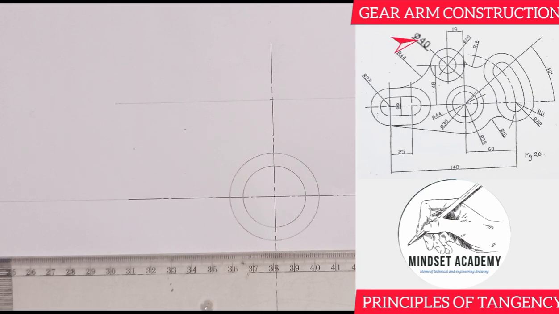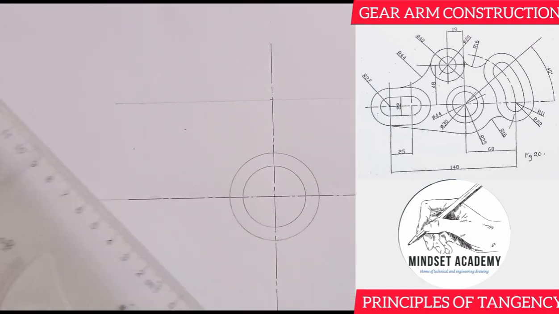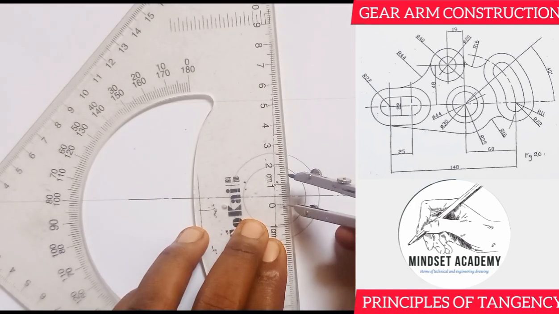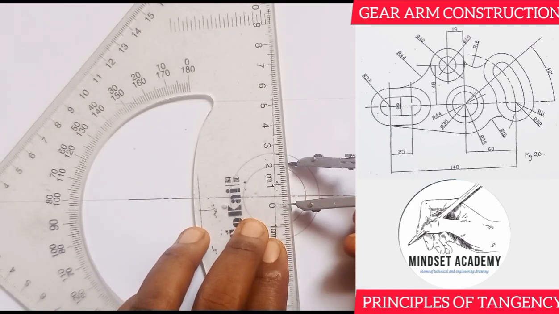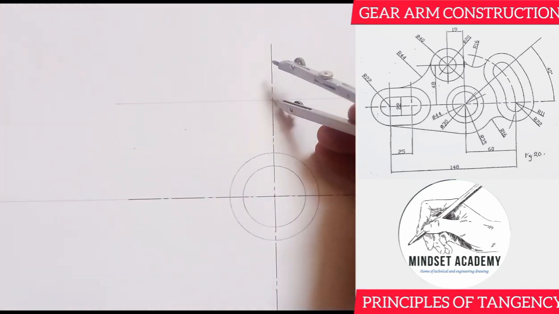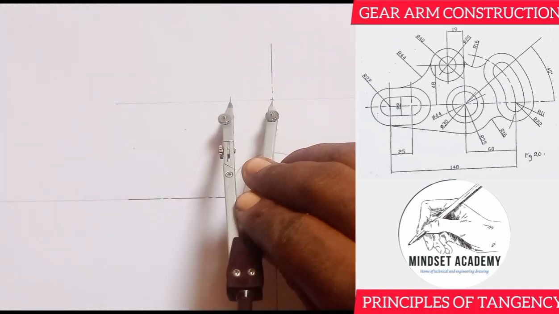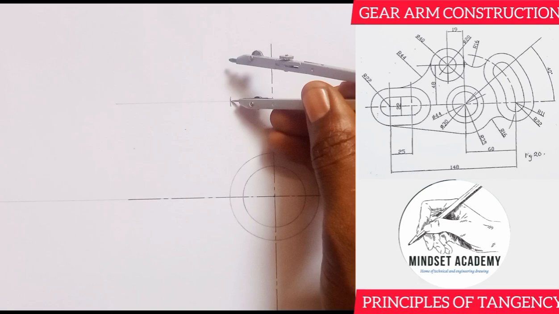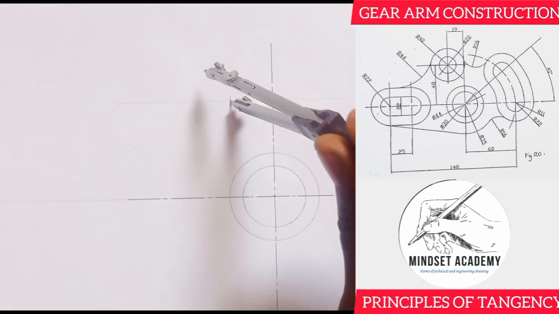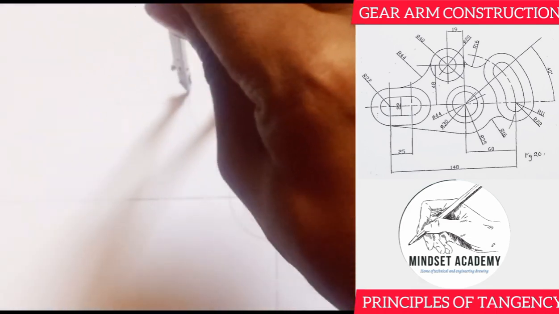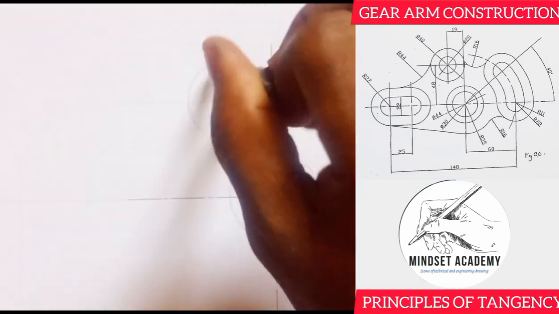So I'll measure a radius of 20 on my meter rule, from 0 to 20, and I'll place it at this point. I'll mark here, that will be the center of the circle, and I'll come here. Then I'm going to draw a big circle this way.